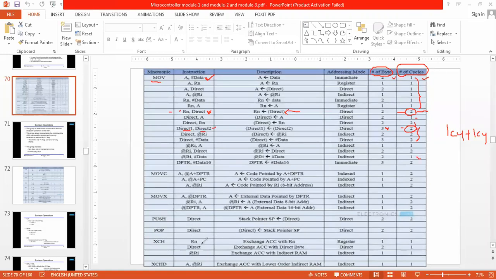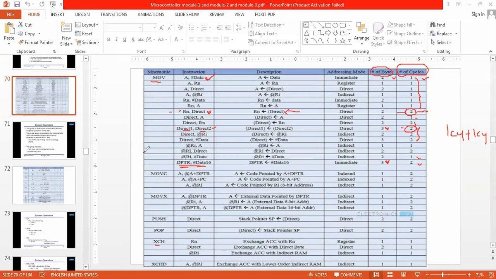Even the exchange instruction is here. Take MOV DPTR, data 16. It is a 3-byte instruction, because it is 2 bytes of data plus 1 byte for the DPTR. So the total is 3 bytes, but it also consumes only 2 machine cycles.